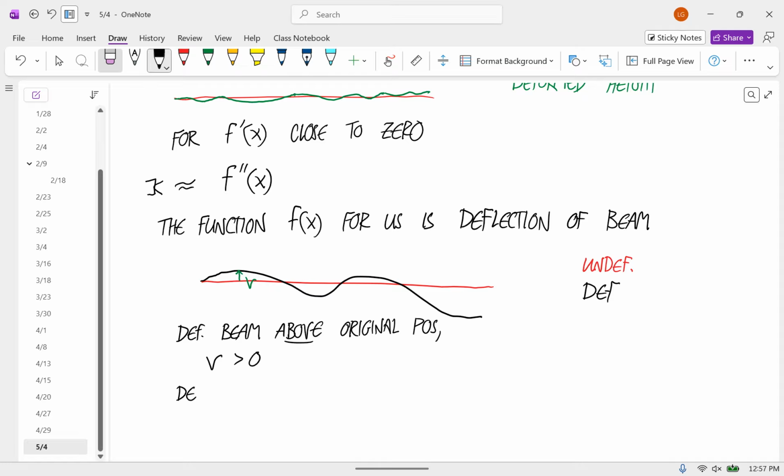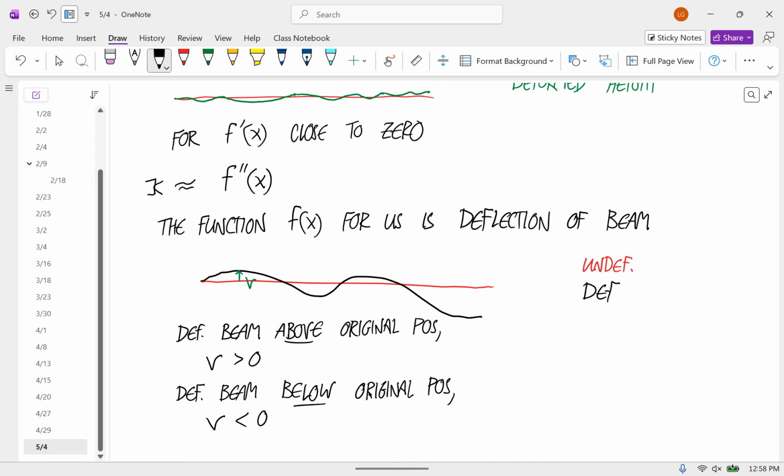And if the deformed beam is below the original position, then V is negative.